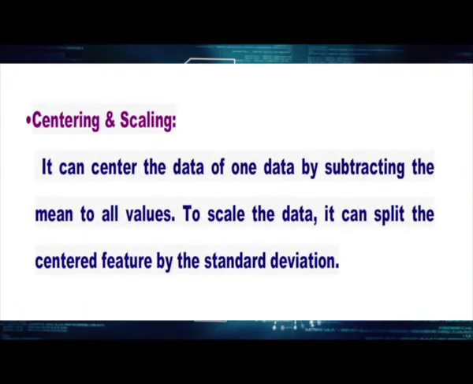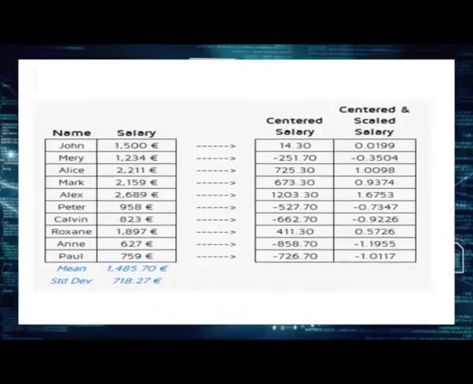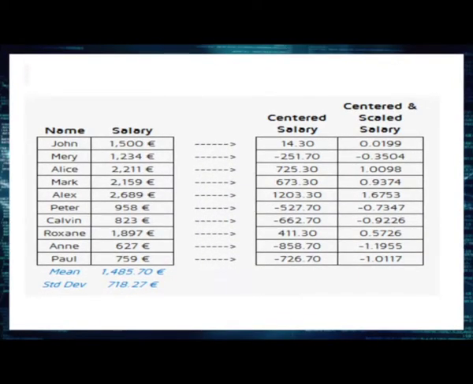The third one, centering and scaling. It can center the data of one feature by subtracting the mean from all values. To scale the data, it can divide the centered feature by the standard deviation. As an example, we can see from the table the salary field for different persons, and on the right hand side table it is the mean value.